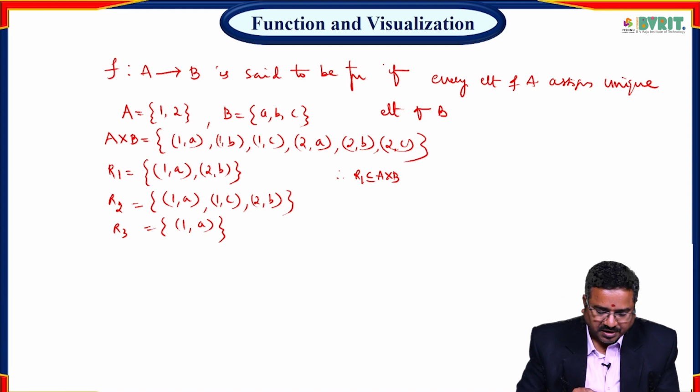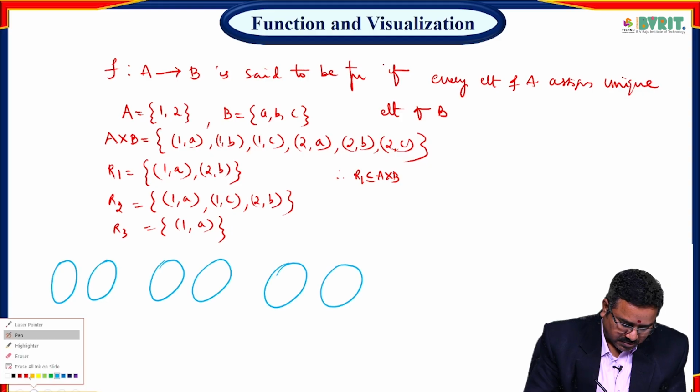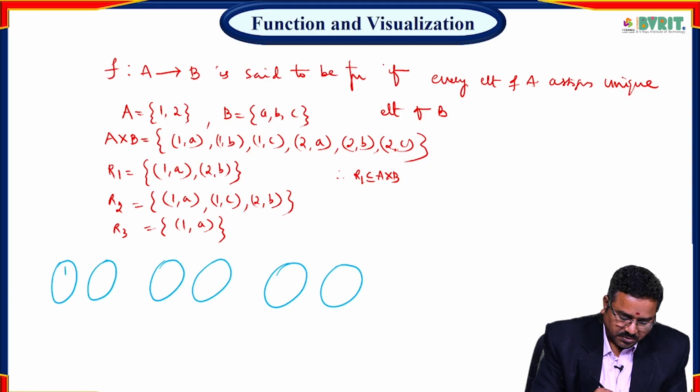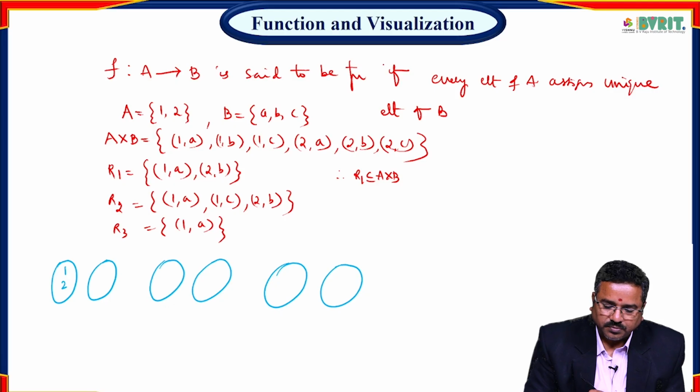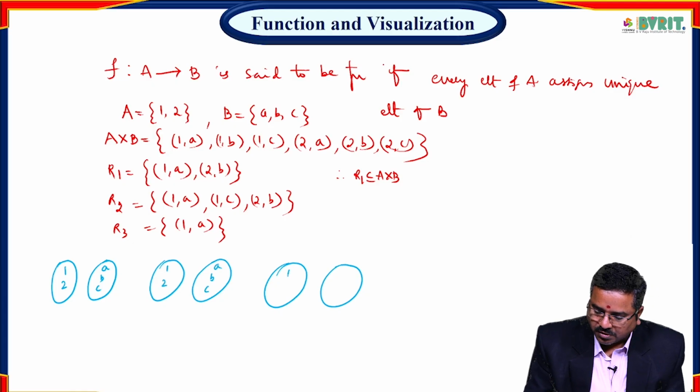For better understanding, I will represent them in Venn diagrams so that we can easily visualize. This is A with 1, 2, and B with a, b, c, drawn three times.